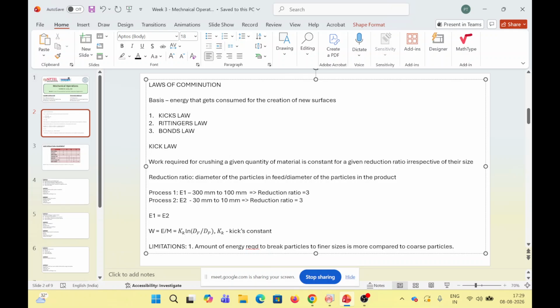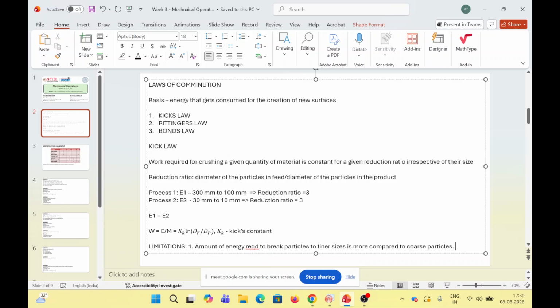However, in real conditions, this becomes a limitation, because breaking a particle into a finer grain size is going to be more energy expensive compared to the energy required to break particles into a coarser size.